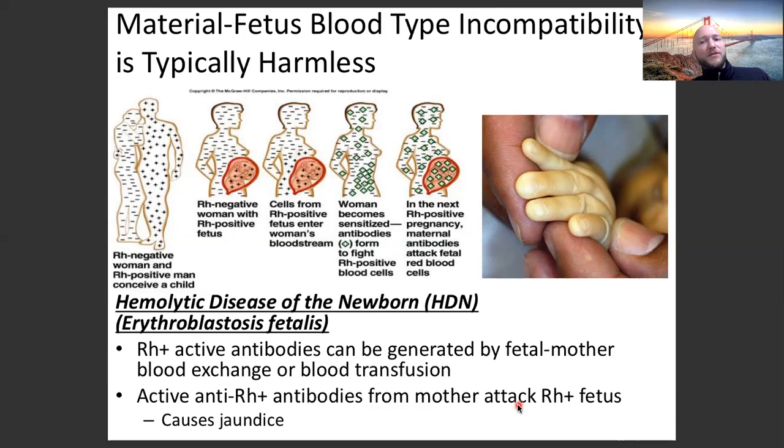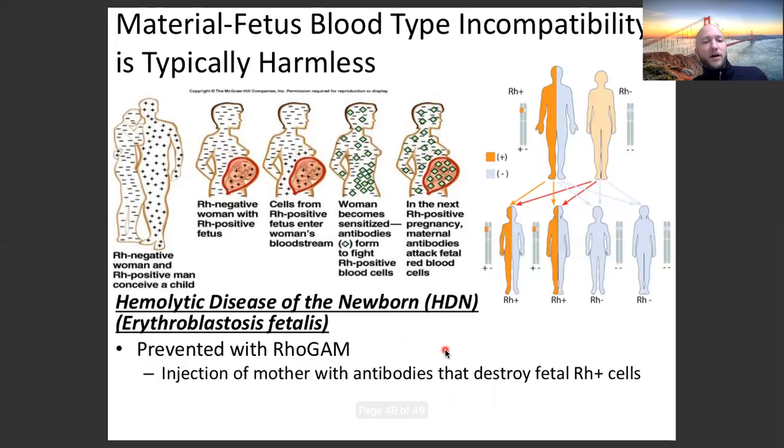If you increase the rate of red cell destruction because of hemolytic disease of the newborn, it overloads the liver's ability to process all of that, and it can lead to jaundice. It's like this yellowish color. Luckily, though, we have modern medicine, and it's prevented with an RhoGAM injection of the mother with antibodies that destroy fetal Rh plus cells. So we're able to handle this with modern medicine.